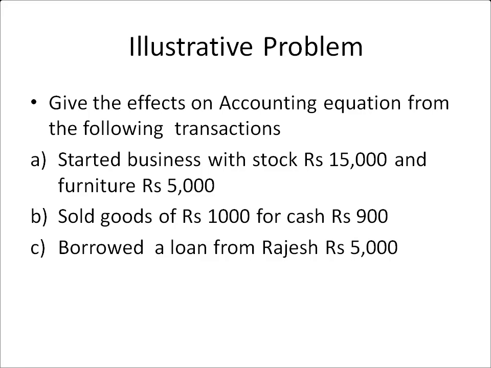Next is sold goods of rupees 1,000 for cash rupees 900. And another is borrowed a loan from Mr. Rajesh rupees 5,000.